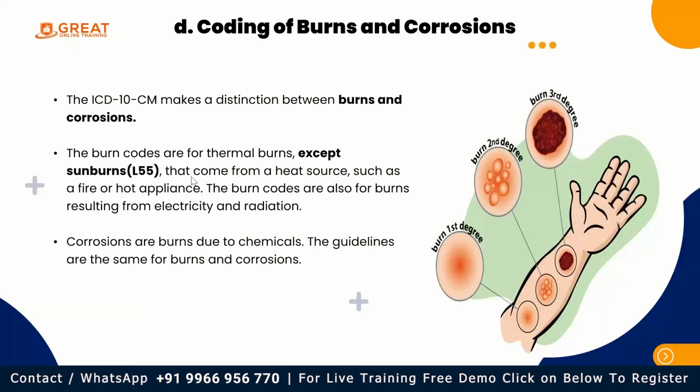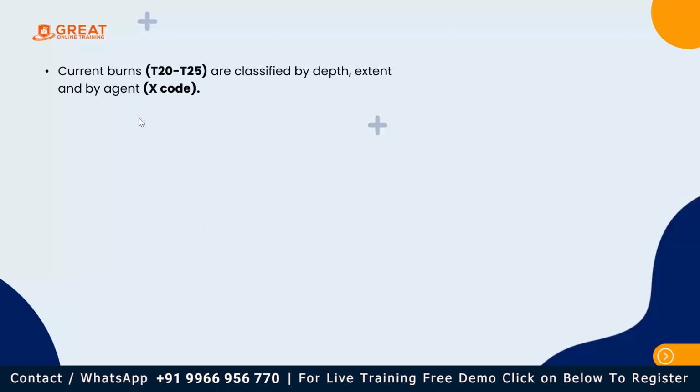Thermal burns come from a heat source such as a fire or hot appliances. The burn codes are also for burns resulting from electricity and radiation. Corrosions are burns due to chemicals, and the guidelines for burns and corrosions are the same. Is this clear?